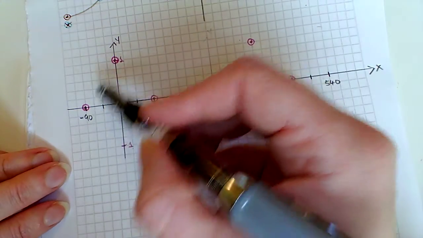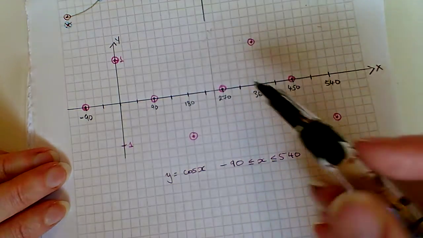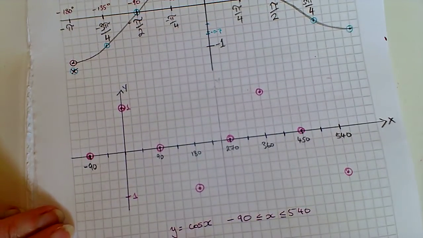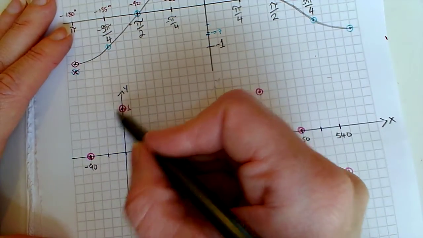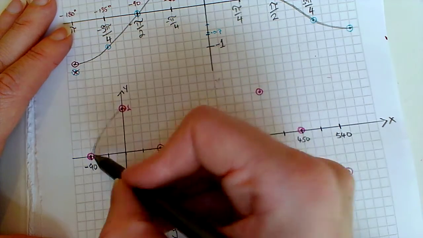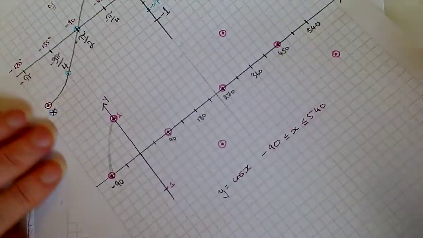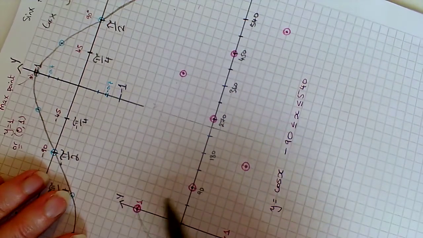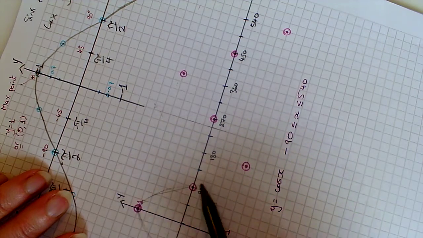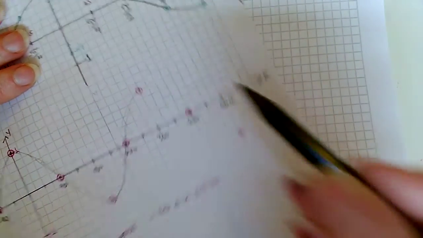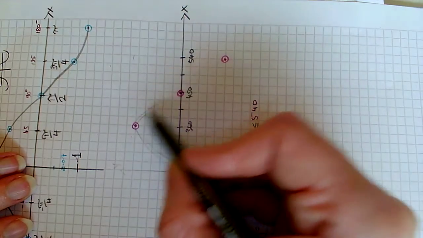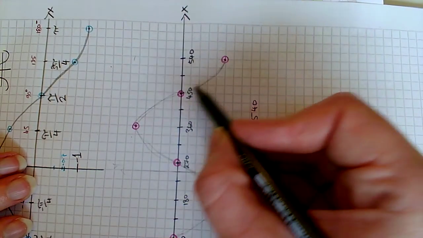Now, if I were to just join those points, I'd have a very zigzag-looking thing. So we have to remember that it is a smooth curve, and it's a smooth curve that oscillates between 1 and minus 1. So you're just doing the same curve that we've always had all along. Get the basic shape, and then you can go over it with more force.